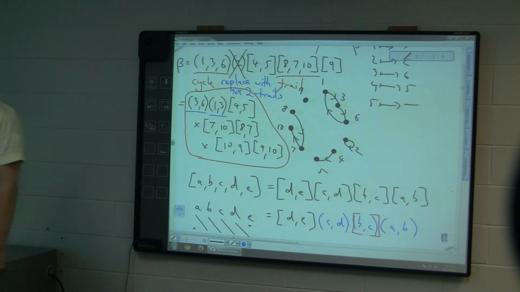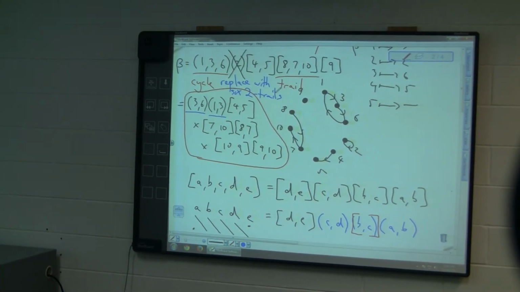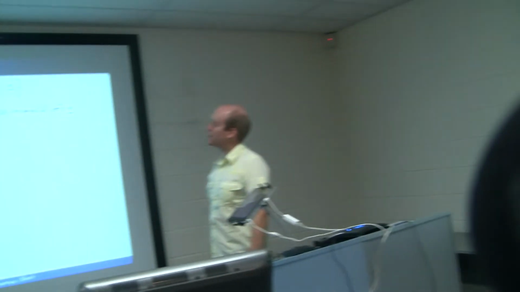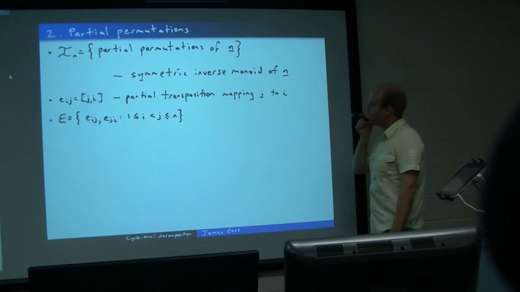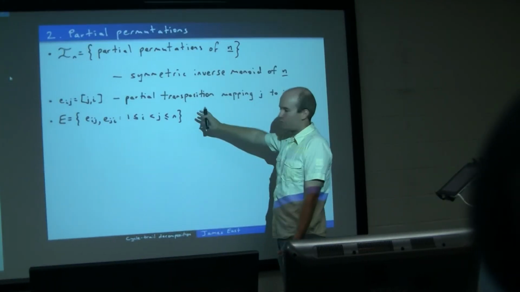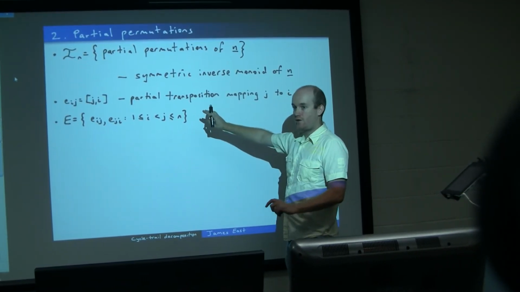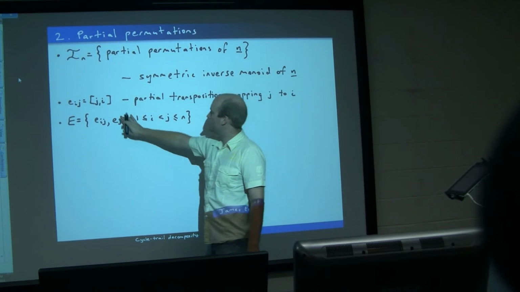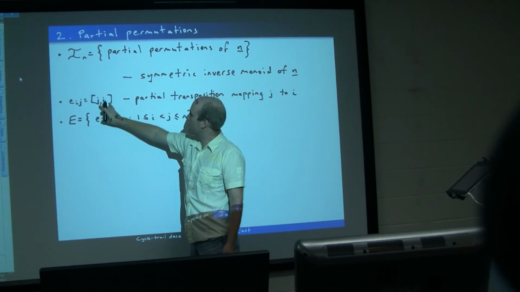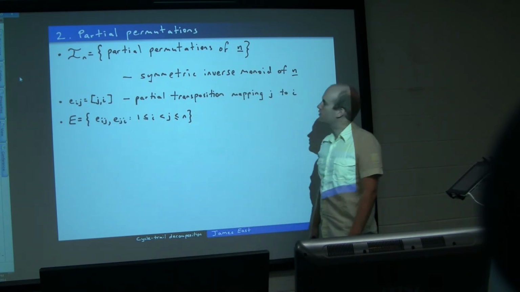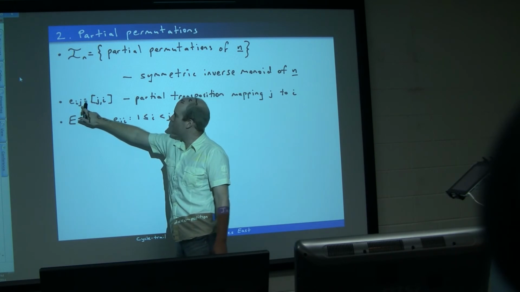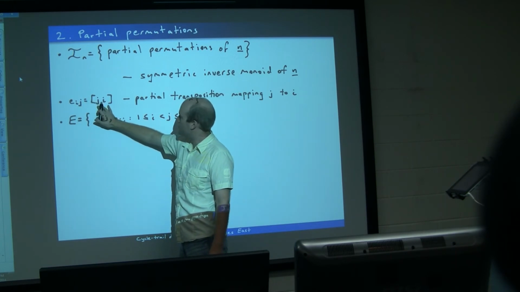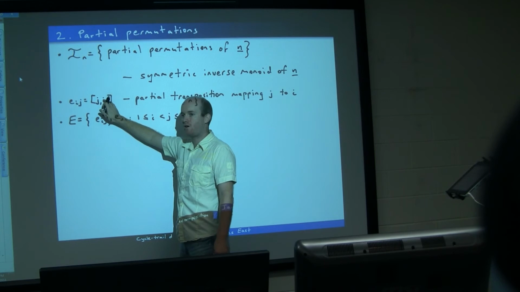I'll just go back to the slide. So this is what we've been fiddling with, I10 in our example. So let me introduce some more notation. We called the transposition that swaps i and j, Tij, and now I'm going to introduce some notation for the square bracket versions. It turns out that for the formulas that I'll write, it's more convenient to let, for example, Eij be the 2-trail that sends j to i and i nowhere.